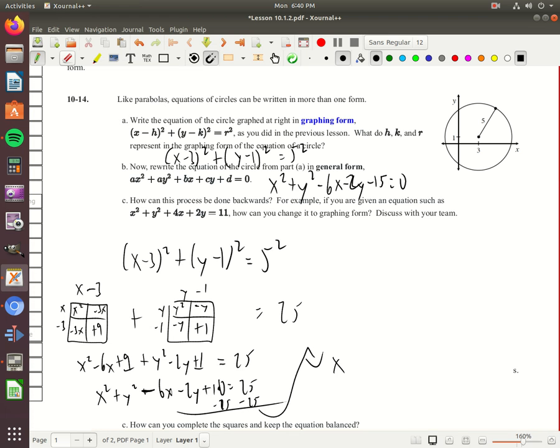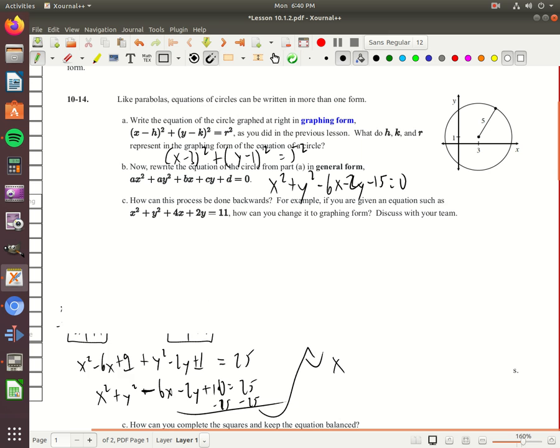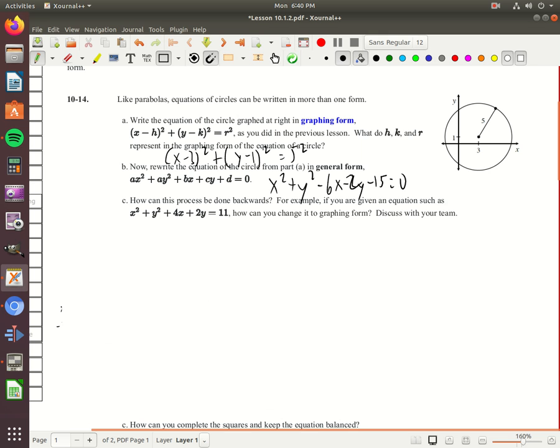I think what might make it easier is to make another white square to solve this. So I have x squared, I'm going to change the order around, plus 4x plus y squared plus 2y is equal to 11.